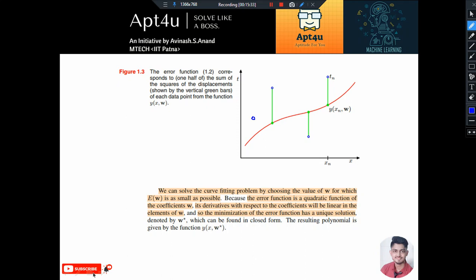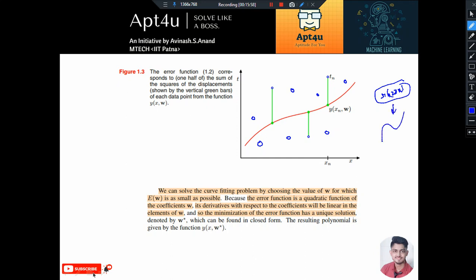Suppose this is 4, this is 5, this is 6, 7, 8 is somewhere here, 9 is somewhere here, 10 somewhere here. Now we know that these data points are following a certain pattern. In the back of our mind, we know that these data points were generated using the sin 2 pi x function. This was the function that was used to generate this data, a sinusoidal curve. That is the pattern it is following.